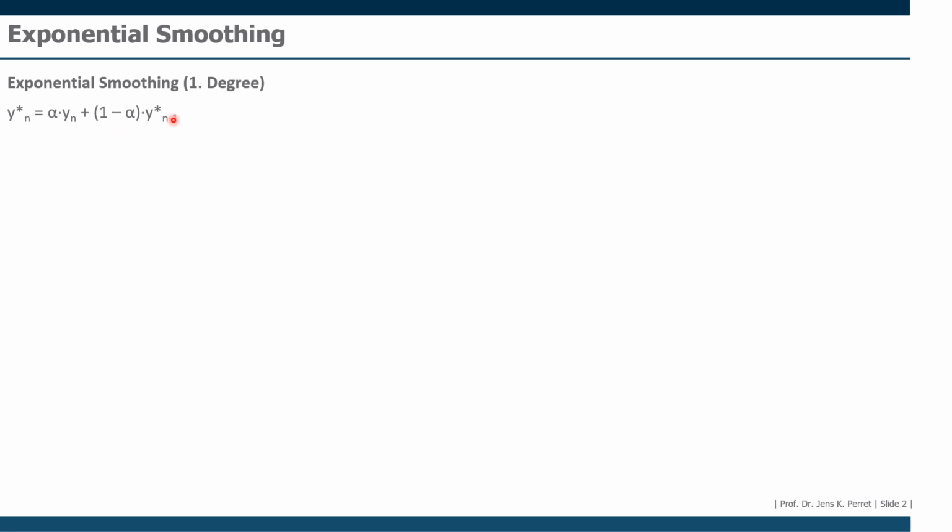Here we just see 1 period into the past, but this was an estimate as well, so we could replace this one with the estimate from the previous iteration as well. And we see here at this point we have the value today, the value last period, and the estimate from 2 periods back.